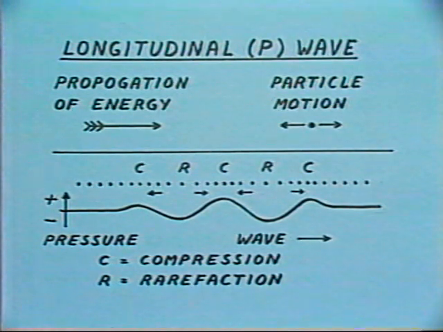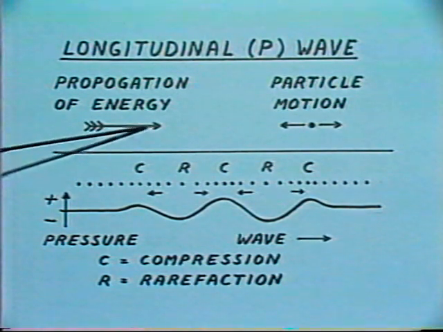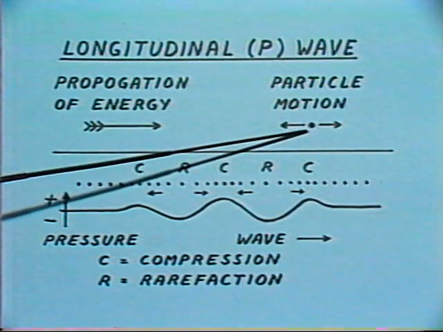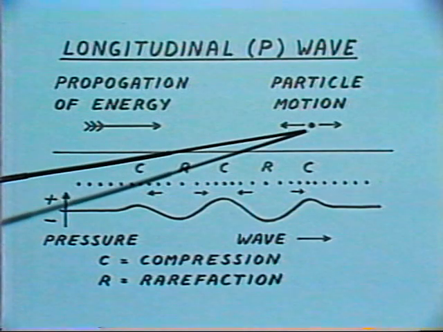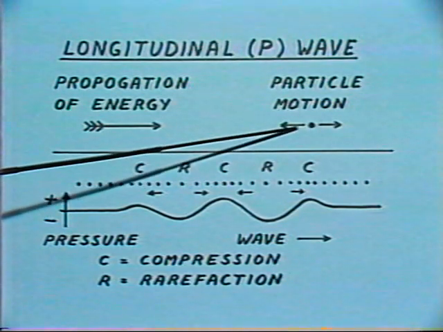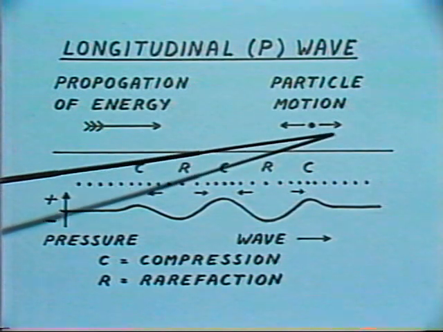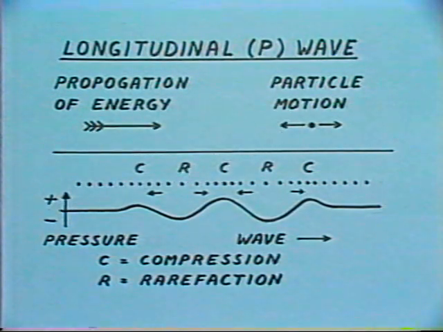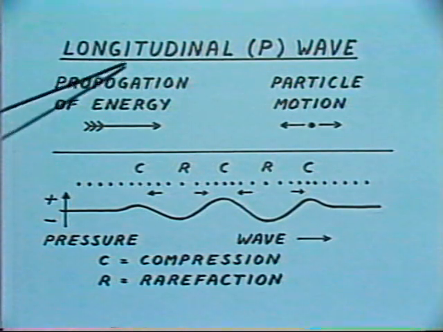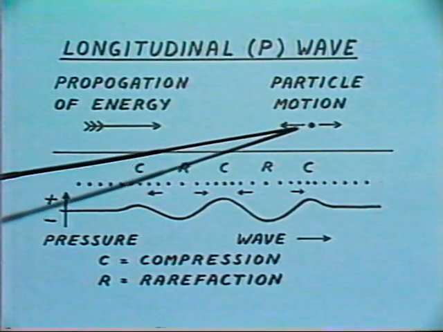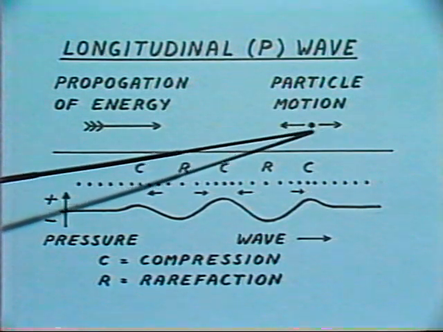So imagine then that we have a P wave traveling in this direction. The motion of a particle in the Earth, in the path of that wave, would be backwards and forwards in the direction of travel of the wave energy. That's one of the distinguishing features of the P wave, and that's why it's called a longitudinal wave. The particle motion is in the direction of travel of the wave.